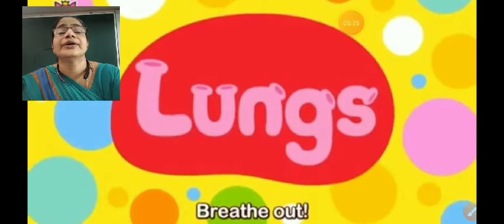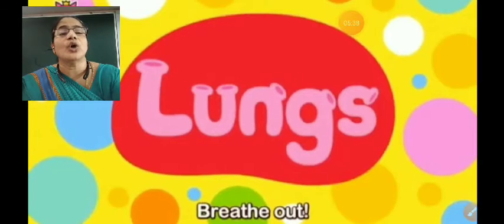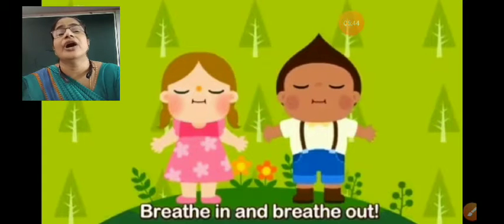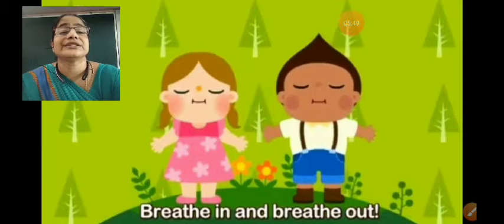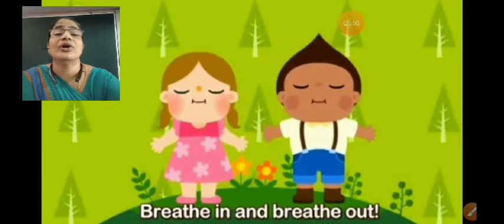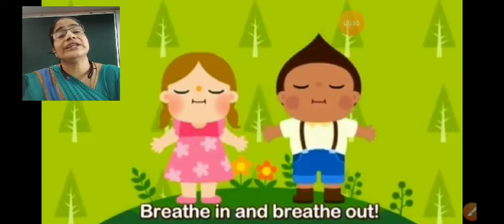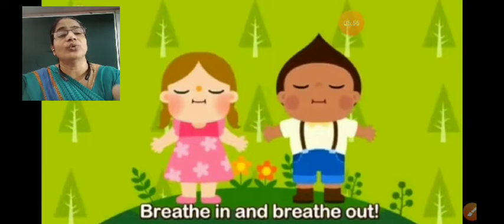Lungs means breathe in and breathe out. You can see here two children are standing, one is breathing in and another one is breathing out.